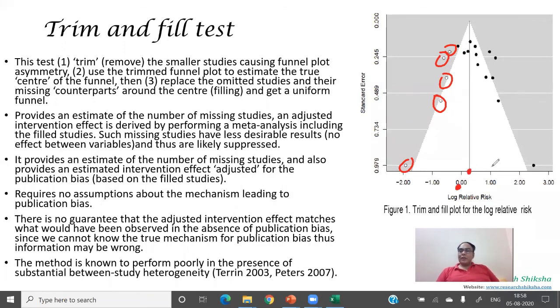This is the original effect size, and this is the effect size which comes if you remove all these studies. If you remove all the reciprocal studies, then the effect size will shift to this or this. So in other words, if this shift is very small, then there is no publication bias, and if this shift is very large, then publication bias is very high. So this test is known as the trim and fill test.